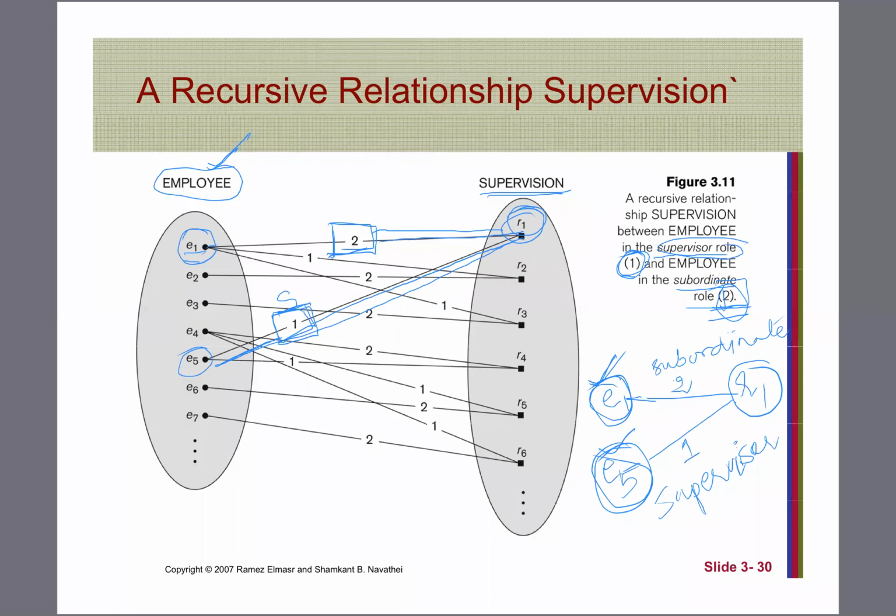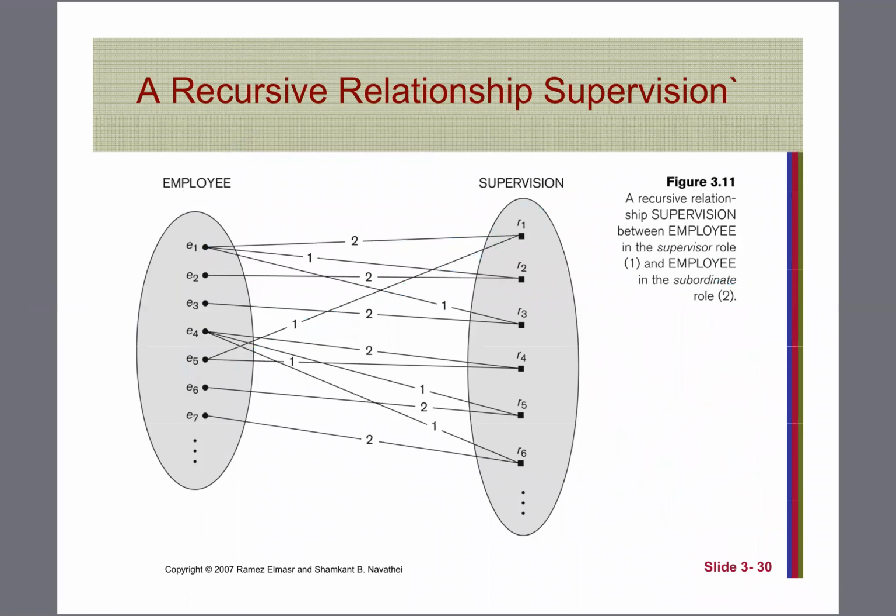Let's see another example. I'll just clear the screen for you. Let's see some other example here. Okay, let's take E1 itself. Now you can observe E1 is having another relationship but playing one role. One is for the supervisor. Okay, and that role 1 is contributing to the relationship R2.